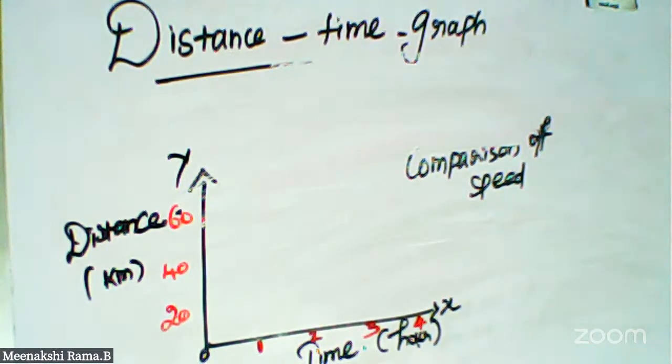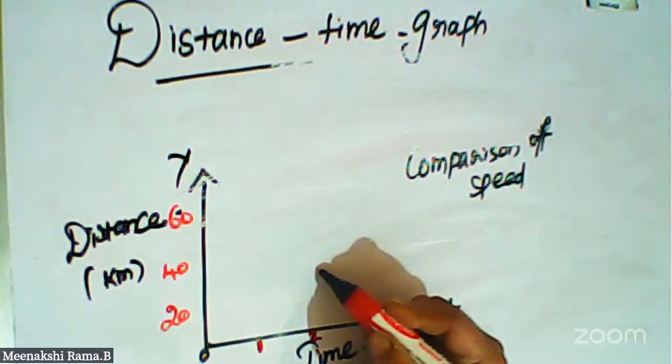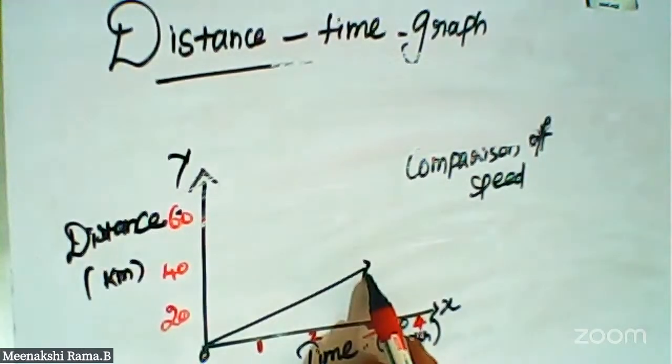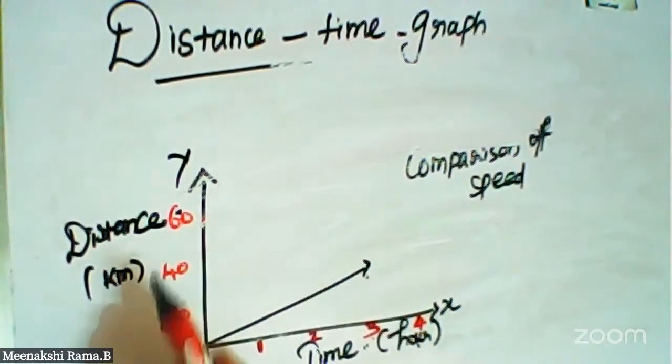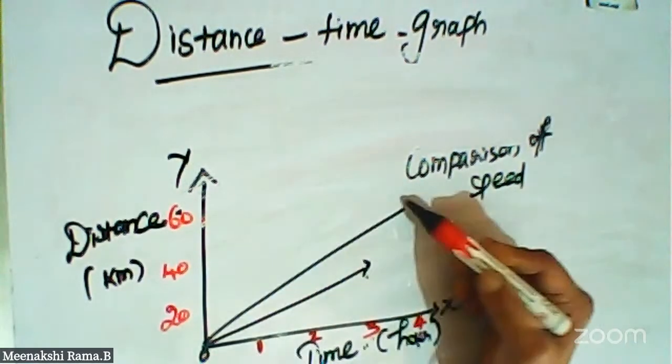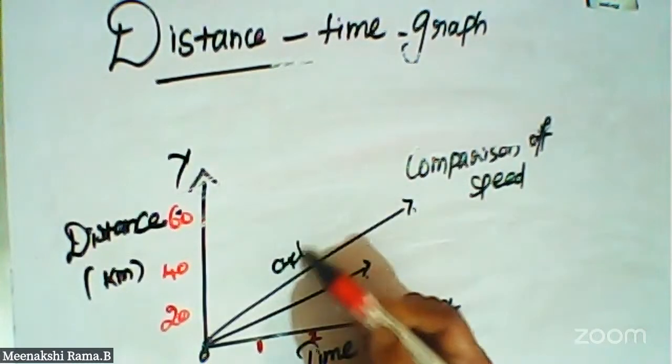Now, the first person crosses the distance by walking. Walking is the slowest. Within 3 hours, he crossed 20 kilometers. And the next person crossed the distance by cycling.